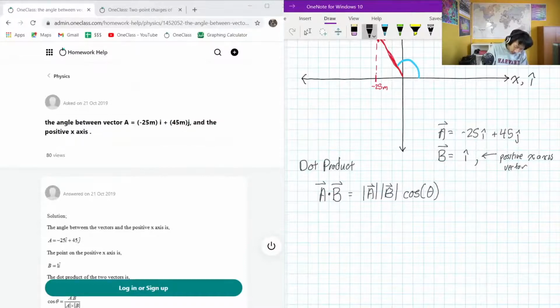Okay, so when we have a system like this, we're really looking for the angle between them.